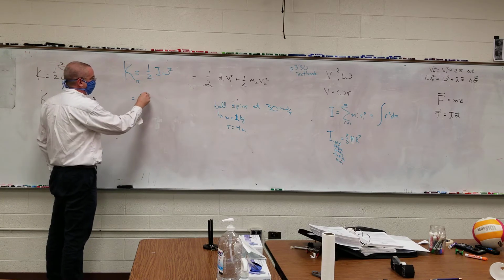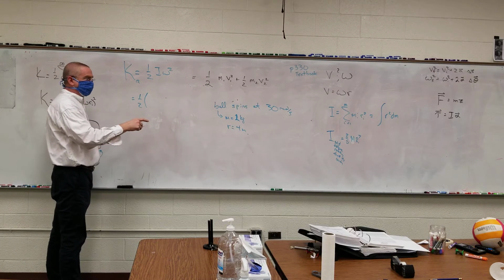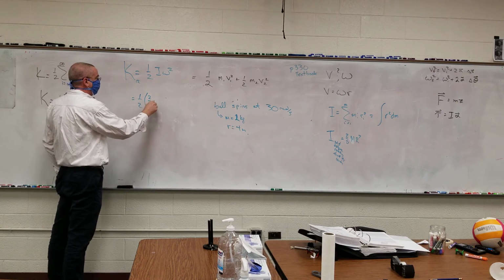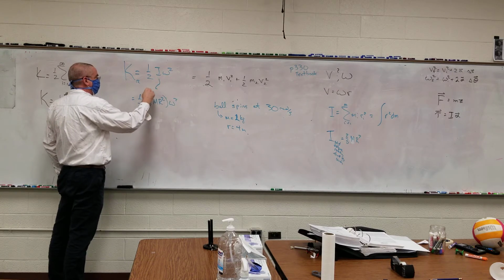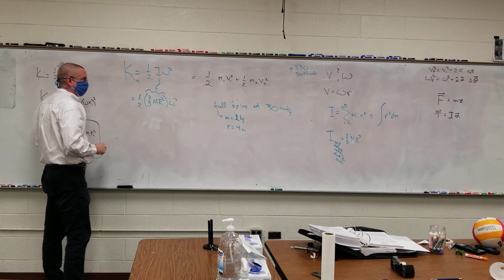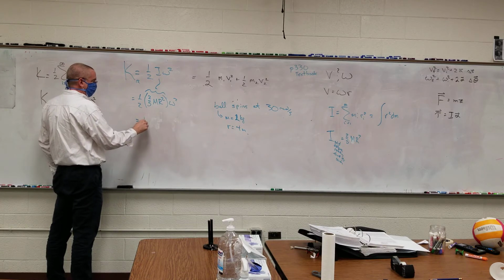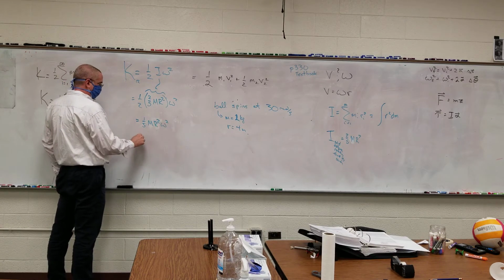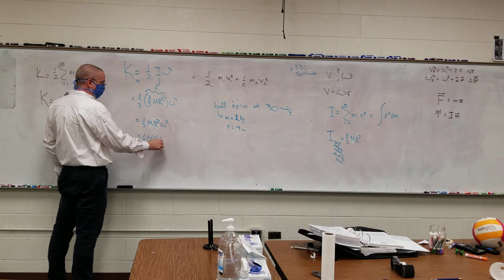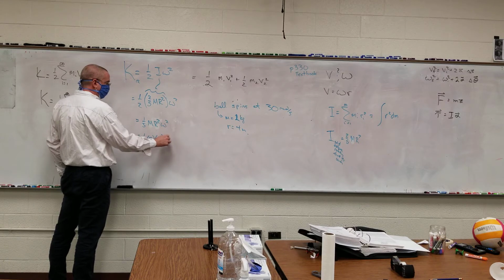I, for a solid sphere rotating about its center, is 2/5 mr squared, times omega squared. So basically I did a substitution there. And so this becomes 1/5 mr squared omega squared, which is 1/5 times 2 times 4 squared times 30 squared.